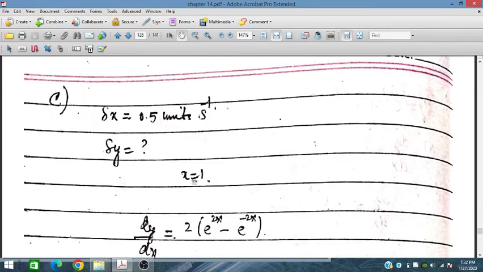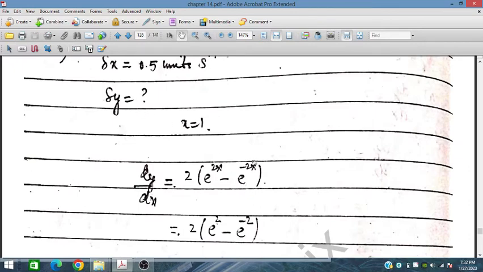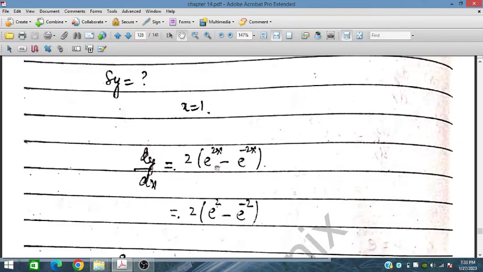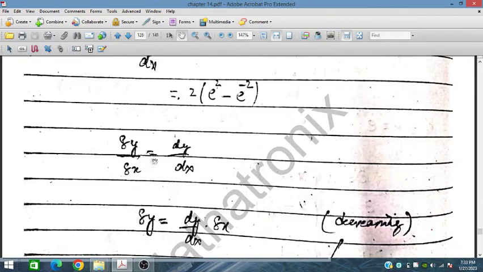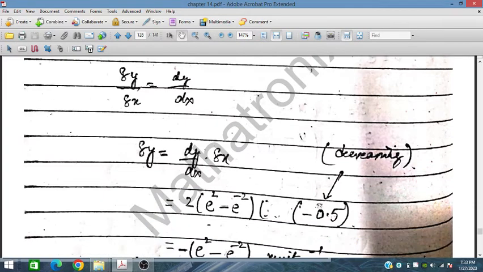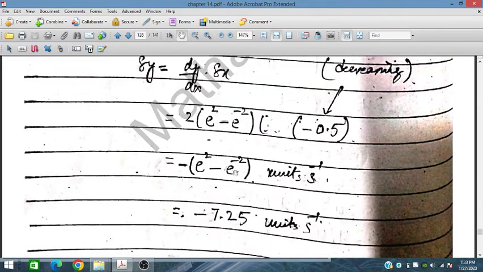So at x is equal to 1, dy/dx is obtained as this. In place of x, we will place 1, so this becomes e^2 minus e^(−2), and this is dy/dx. Delta y is equal to dy/dx times delta x, and delta x is minus 0.5, so we multiply with this, and we have minus 0.5 times (e^2 minus e^(−2)).